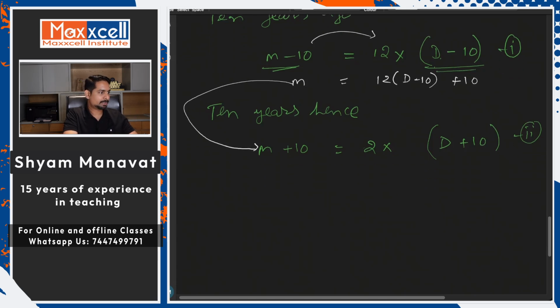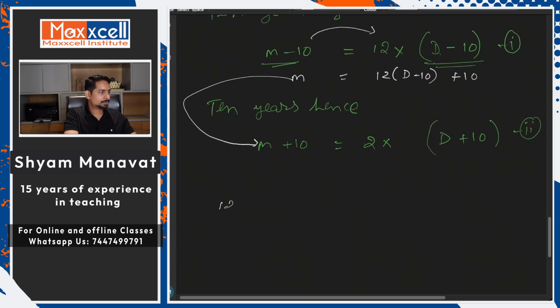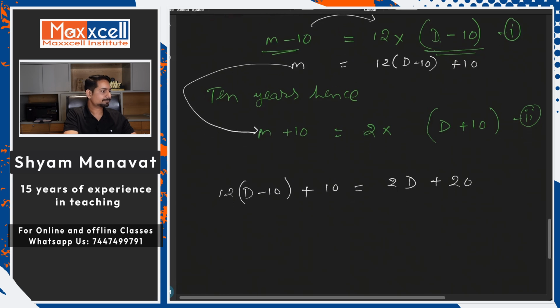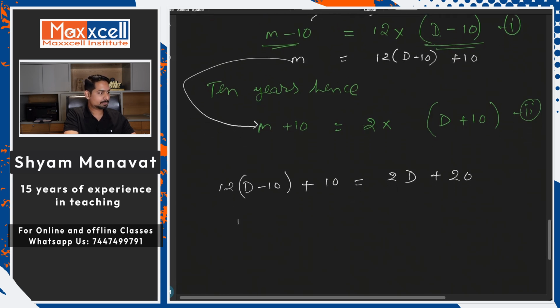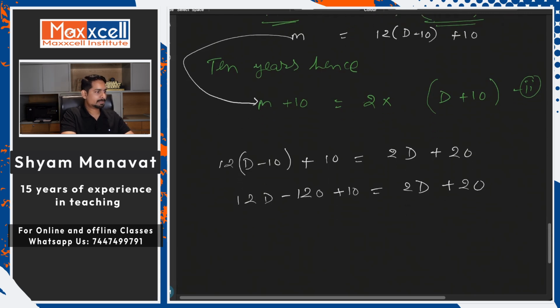So when I substitute here, I get 12D minus 10, which is in bracket, plus 10 equal to 2 multiply inside, open the bracket, so 2D plus 20. Simplify, open the bracket this side also, 12D minus 120 plus 10 equal to 2D plus 20. Alright, simplify this.